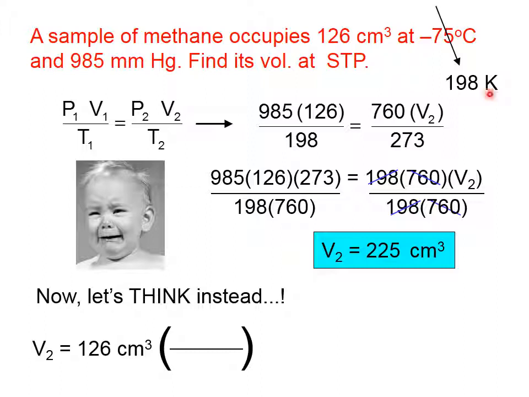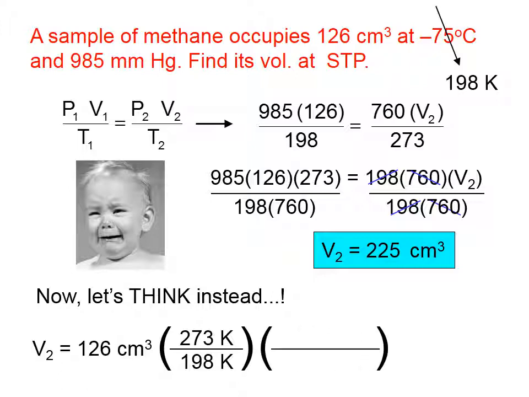Well, it starts out at 198 Kelvin and it ends at 273 Kelvin. So the temperature went up. What effect would an increased temperature have on the volume? The answer is it would cause the volume to increase. Therefore, I need a fraction that is larger than 1. Therefore, the 273 goes on top, the 198 goes below.